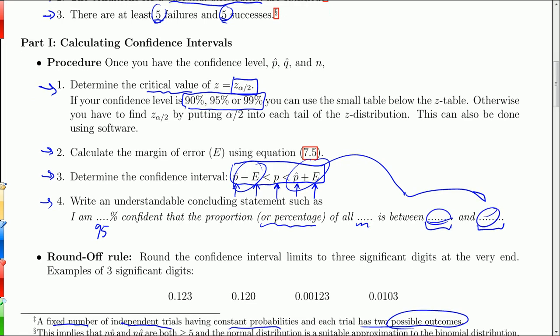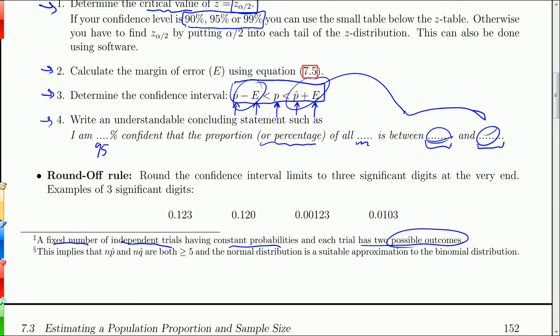Okay, round-off rule. When we're talking about proportions, they're sort of like probabilities, so we're going to round these confidence interval limits to 3 significant digits, right? And the way you count significant digits is you start from the left, and the first non-zero is the first one, and then the next 2 count as the remaining 2 significant digits.